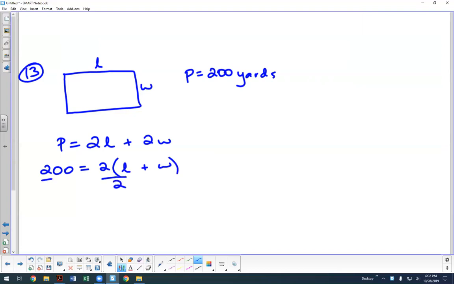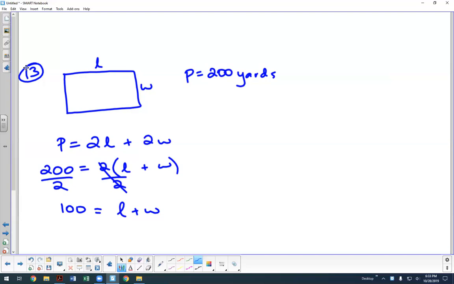Divide both sides by 2. And we end up getting, if I just add one length with one width, it should add up to half of that, which should be 100 yards. Now, you either need to get L by itself or W by itself. It really doesn't matter because it's going to work out in either direction. So which variable am I subtracting?